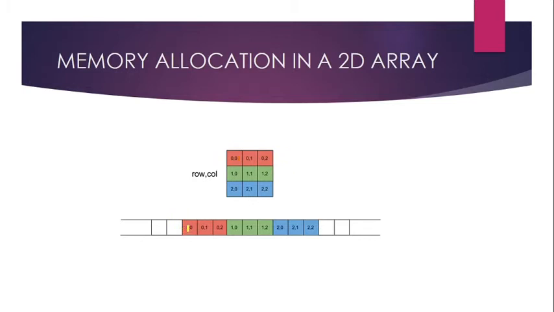So that color is given first, then the apple green, and then the sky kind of color. So they are identifying the mapping of the rows and the columns, and they are placed in linear fashion. That is how the elements are stored in the memory in case of a two-dimensional array.